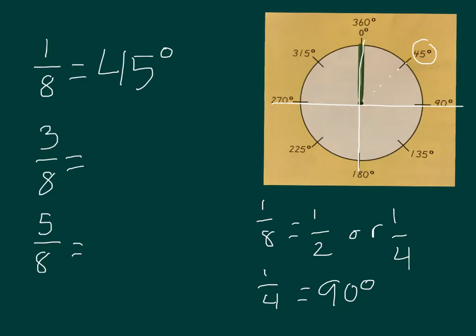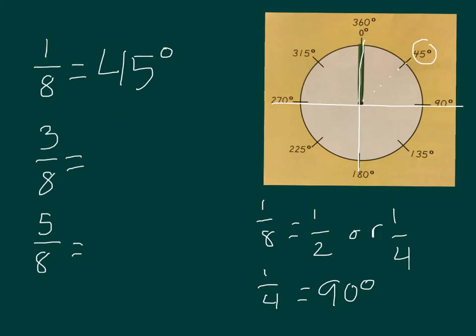Now, what if I wanted to find 3/8 of my circle? What do you think I should do? Pause video now. Great ideas. If I know that 1/8 of my circle is 45 degrees, I can go 45 plus 45 plus 45 to figure out what 3/8 of my circle would be.